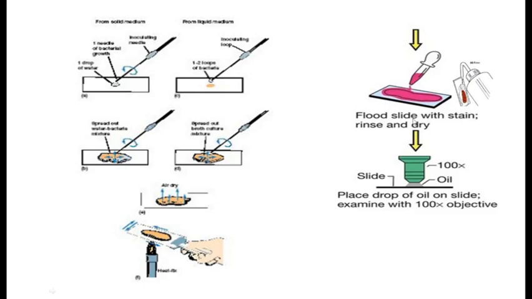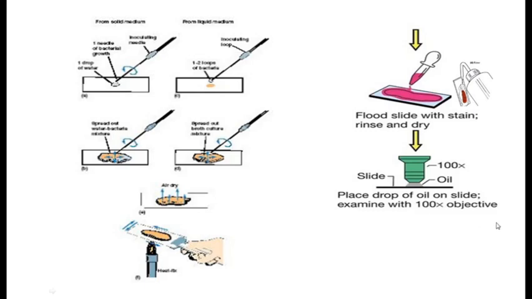Then dry it, whether you air dry or use blotting paper to dry the specimen. Now the slide is ready for observation. You can observe under 10x, 40x, and if high resolution is required, then the oil immersion lens can be used.